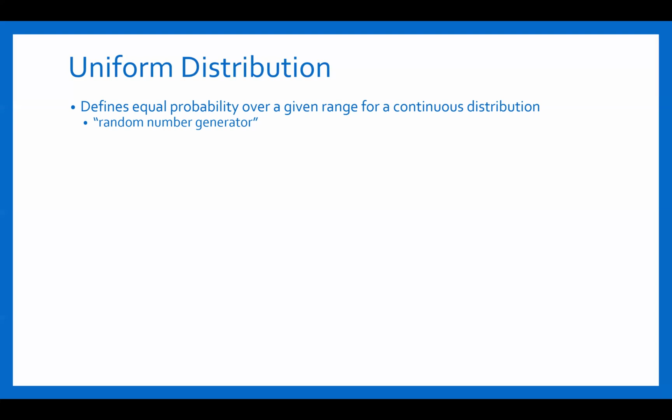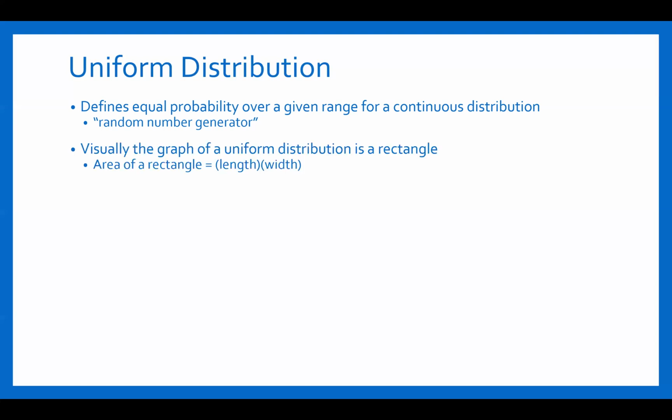If you think about rolling a die, you have 1 out of 6, so you have that equal probability over the range of values from 1 to 6. That's not really continuous because it's whole numbers, but that may help you to relate.